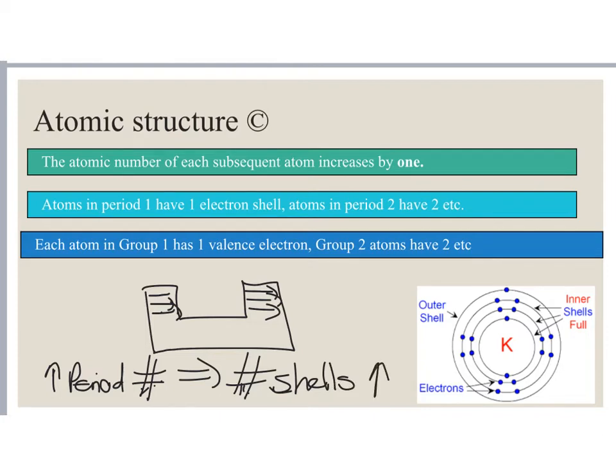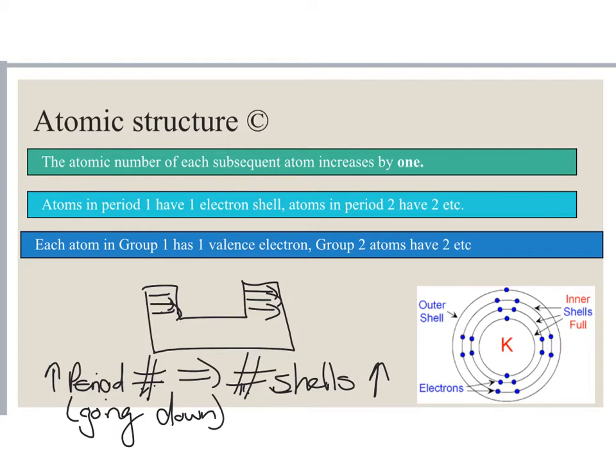And then we know that each atom in group 1 has 1 valence electron, group 2 atoms have 2, group 3 have 3, group 4 have 4. So increased period number, that means we're going down. That's point 2, but if this helps you understand that better, write this one.